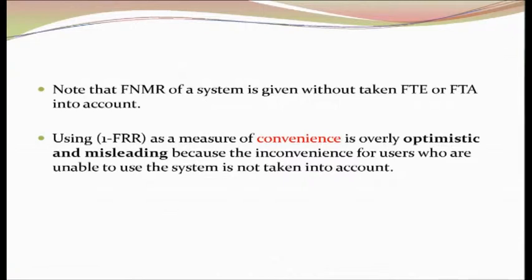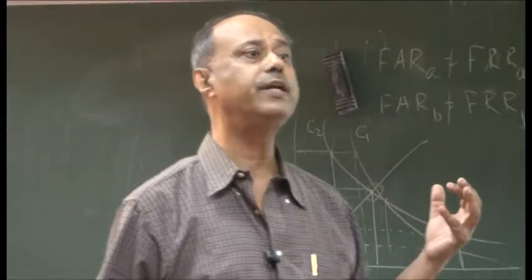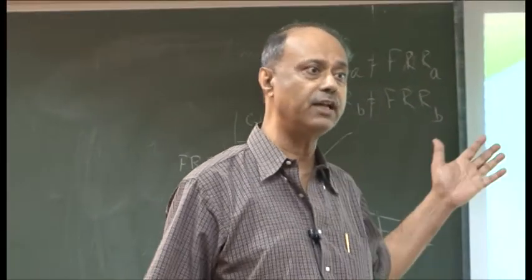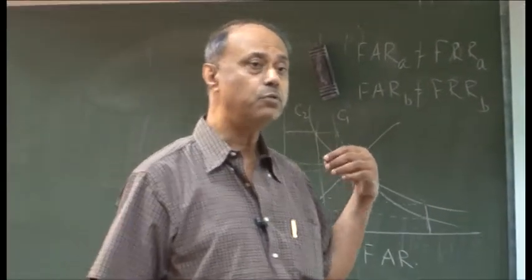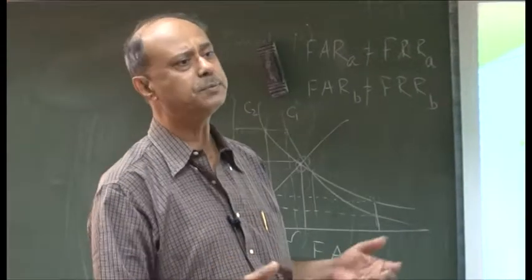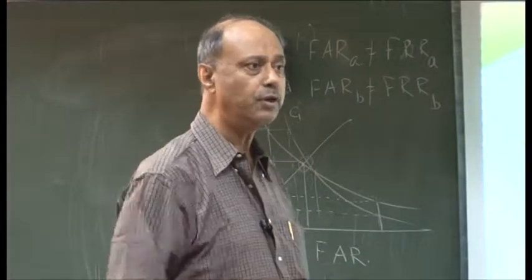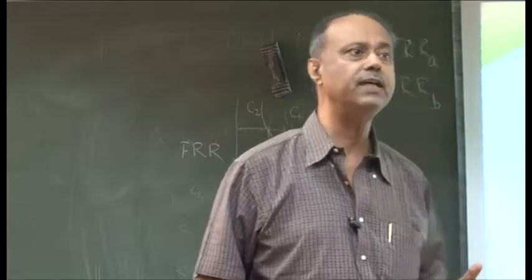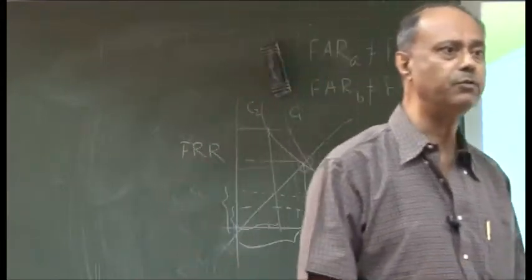So, note that whatever we have obtained, we are not considering FTA or FTE, right. That is basically a big problem. FTE and FTA must be included in computing your security. I could not enroll some people because of the poor quality of their image or some other reasons, but they are also in my database. They will come with their information and you have to allow them.